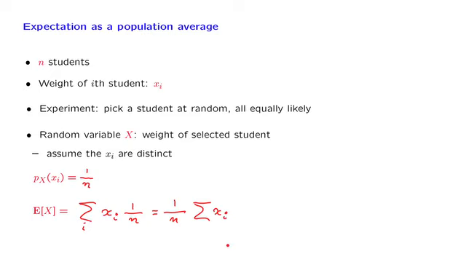So the expected value in this particular experiment can be interpreted as the true average over the entire population of the students. Of course, here we're talking about two different kinds of averages. In some sense, we're thinking of expected values as the average in a large number of repetitions of experiments, but here we have another interpretation as the average over a particular population.